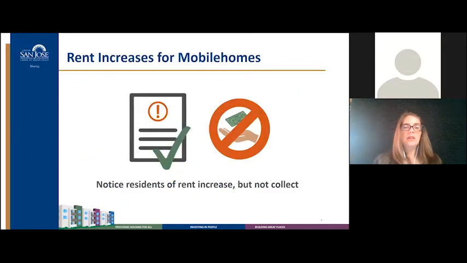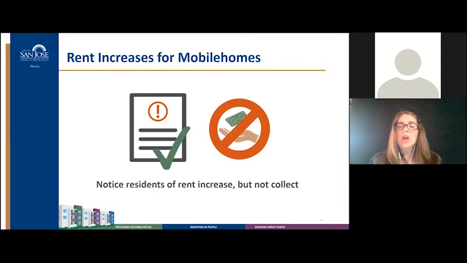So as we were going through our review of the moratorium on rent increases and the apartment rent ordinance and the mobile home rent ordinance, what became very clear to our team is that there are just different aspects within the mobile home rent ordinance, and actually the way that these laws interact apply differently in mobile homes.